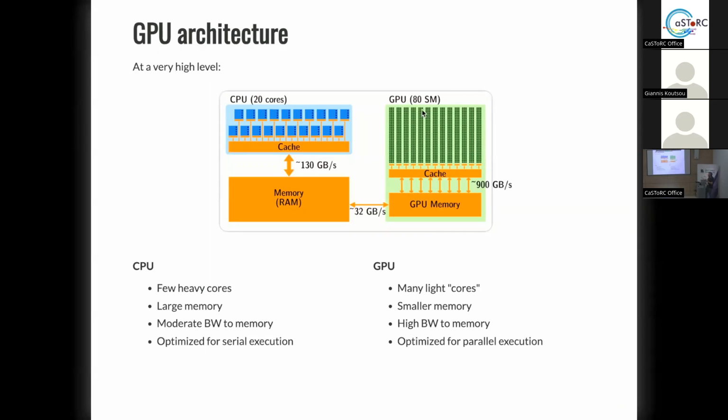In other words, a GPU is very good at doing the same operation on a series of data. So if I have a vector of 1,000 elements and I want to do the same operation on each element of this vector, this is ideal.